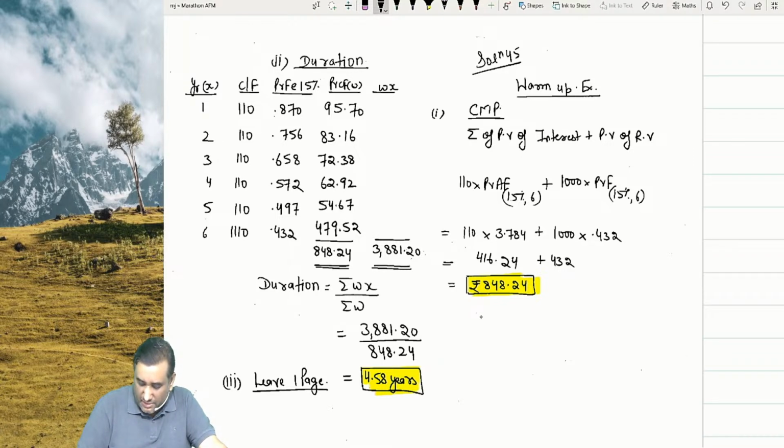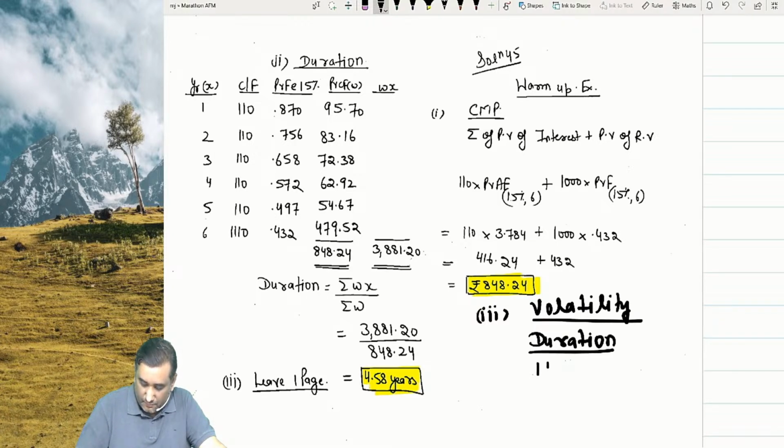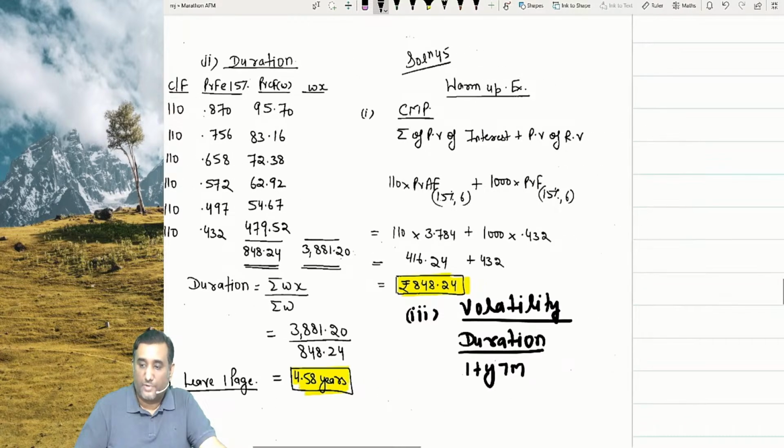Let me put down the third part answer. Volatility is duration divided by 1 plus YTM. How much is duration we have? 4.58 divided by 1.15.